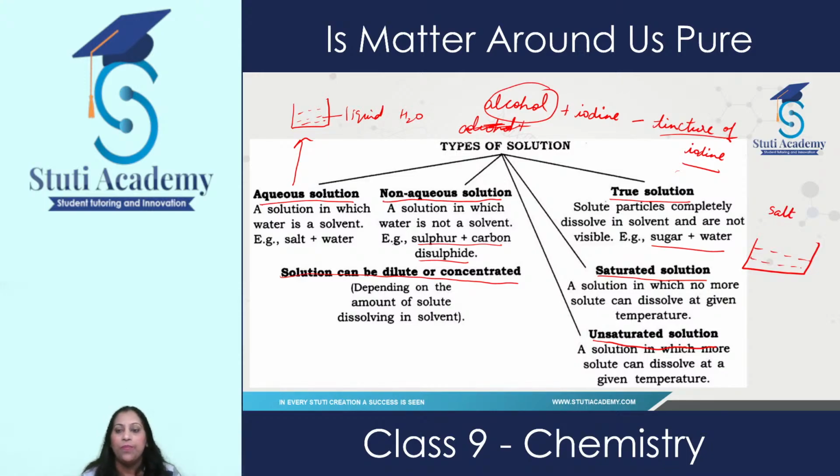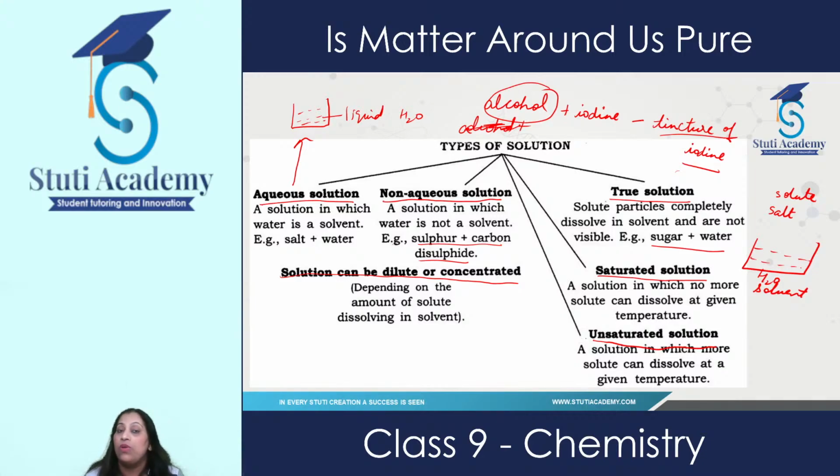Here salt is the solute and water is the solvent. When we keep on mixing salt into water, a stage will come when we cannot add more salt. It will stop dissolving. At that stage, that solution is known as a saturated solution. So a saturated solution is one in which no more solute can be added at a given temperature.